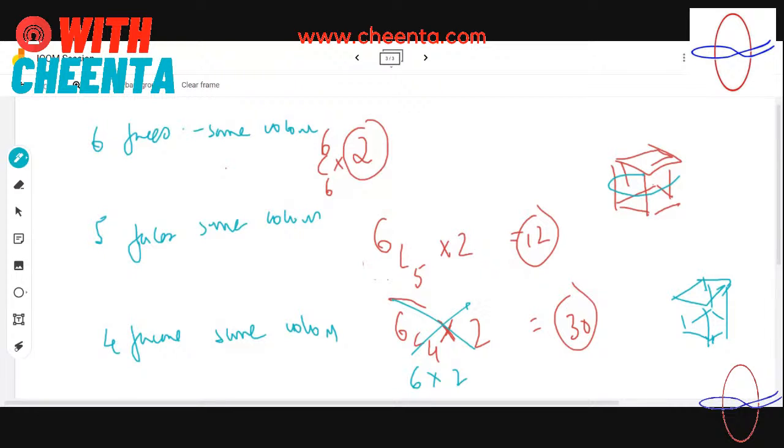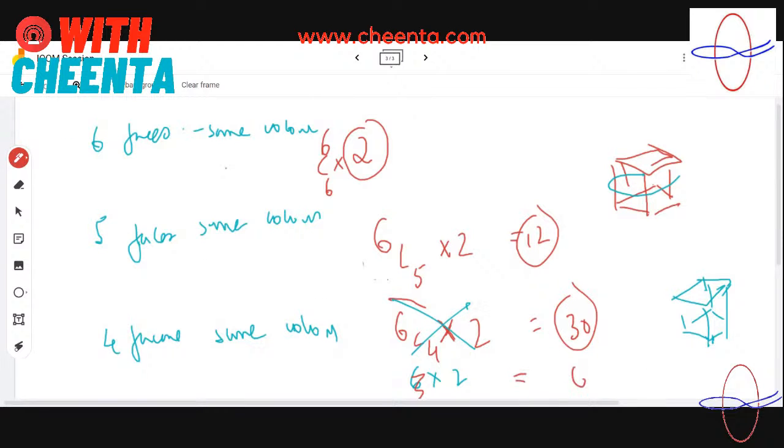We can color the same, only the 2 faces are opposite. That's the idea. So consider 4 faces of same color and another 2 faces of another color, okay? So we will only select the opposite 2 faces. So 3 are there, not 6, 3 are there. So it's pairs, right? So 3 pairs are there. Now 3 pairs are there, perfect, and 2 for each 2 colors.